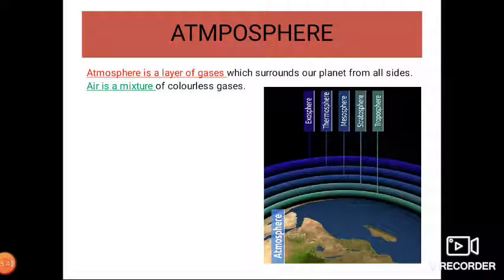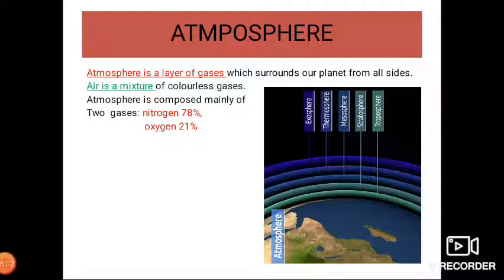Air is a mixture of colorless gases. So we have carbon dioxide, methane, oxygen and many other gases. That is why it is said air is a mixture of colorless gases.